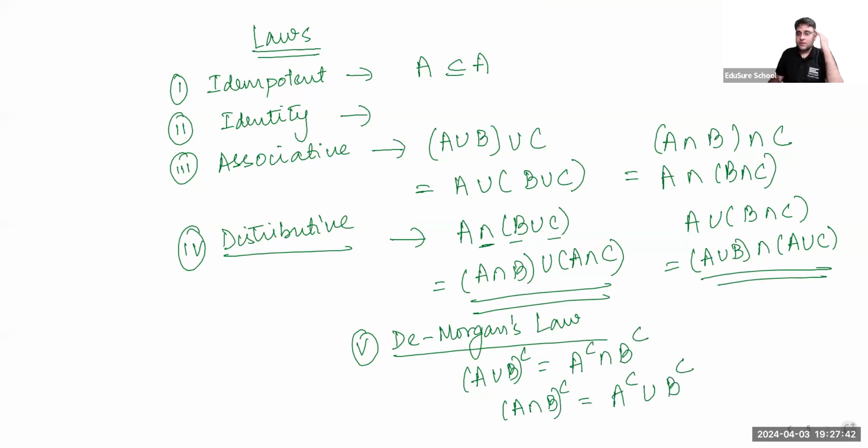These will all be provided as a note. So I'm only doing it very quickly just to put it there in your head that these are the different definitions that we need to work with when we talk about sets.